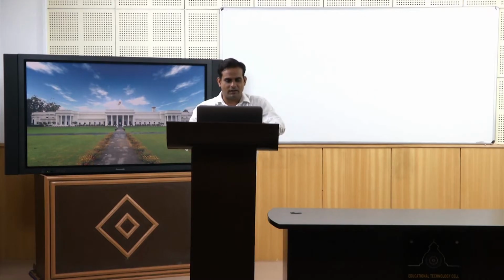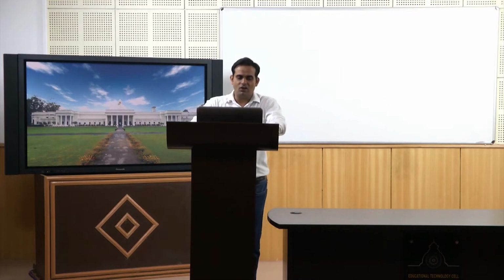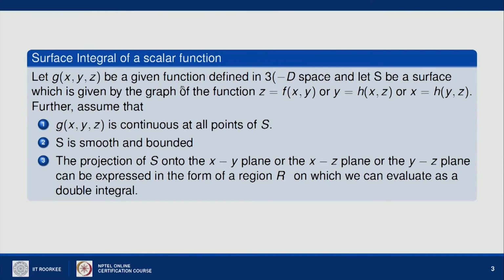Now let us define the surface integral of a scalar function. Let g of x y z be a given function defined in 3D space, and let S be a surface which is given by the graph either z equals f of x y, or y equals h of x z, or x equals h of y z. Further, assume that g of x y z is continuous at all points of S, and S is smooth and bounded.